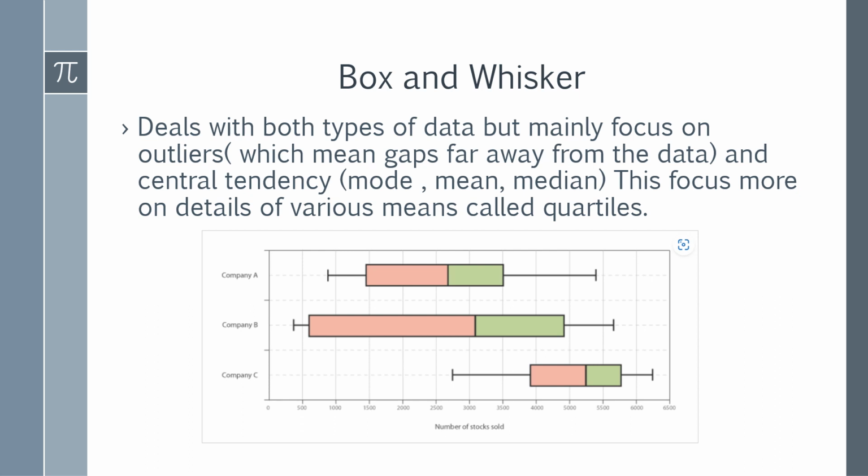So in this picture you see, it deals with categories and numerical responses. So see how you got 3 box and whiskers? Those go for each category.